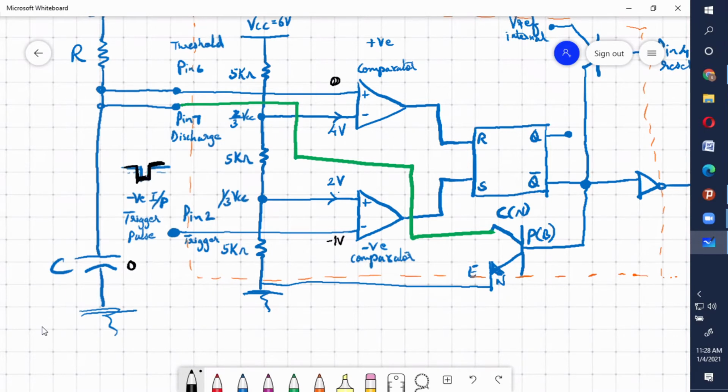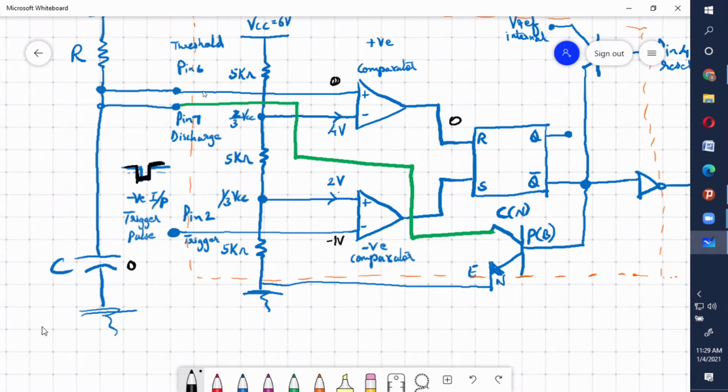What will be the output of the comparator, students? Now the positive comparator output is what? 0 is smaller than 4 volts. So the positive comparator will give what output? 0. Then this is a negative comparator. Input itself is coming as negative. This is very, very smaller compared to 2 volts.